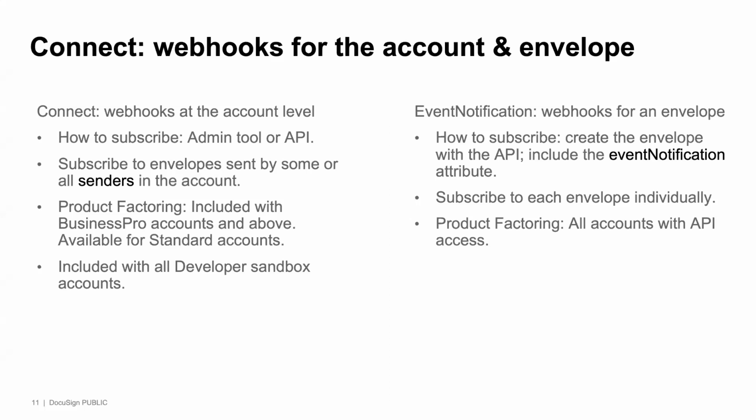At that point, you include the event notification attribute in your request object when you're creating the envelope. Now, what this means is that, in particular, you can only do this if you're using the API to create the envelope.